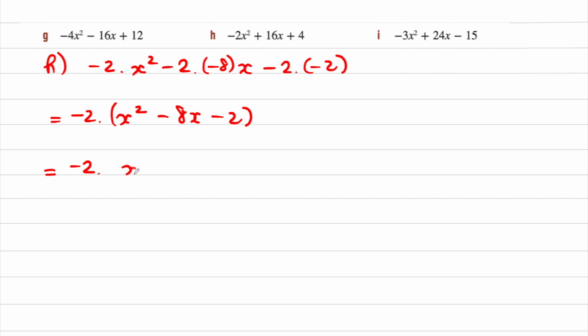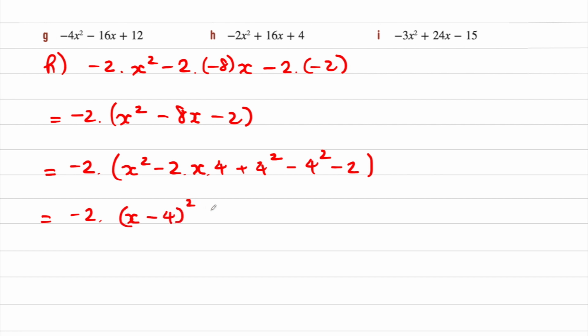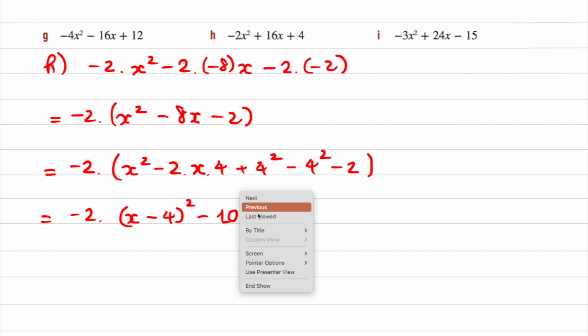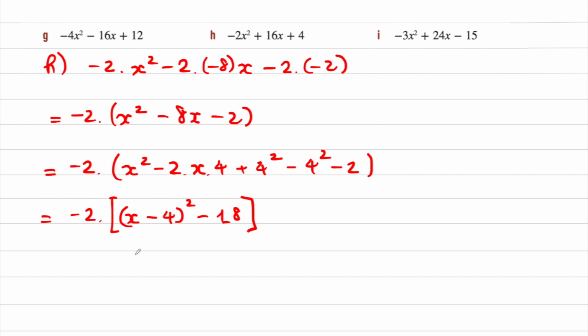Go on for the normal completing the square. 2h times 4 plus 4 squared minus itself, and minus 2. The first three terms will set up h minus 4 squared, and then minus 4 minus 2 means minus 10. Oh sorry, this is not minus 10, it is minus 18. Square root here.